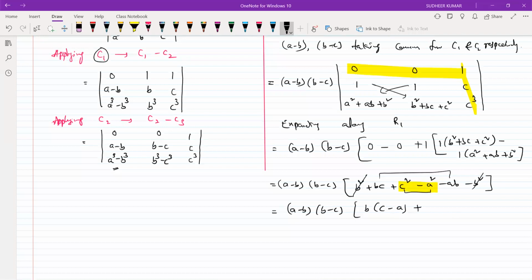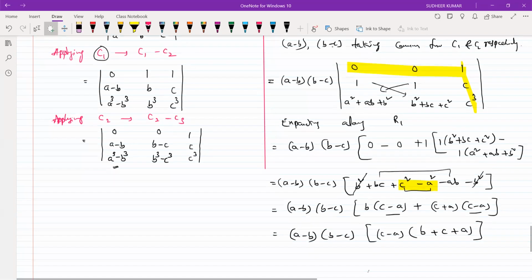So you see the A square minus B square formula: C plus A into C minus A. So this is A minus B into B minus C. Next, from these two, C minus A is taken common. So what is the remaining value? B plus C plus A, isn't it?